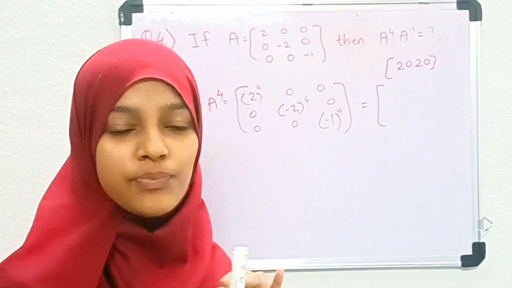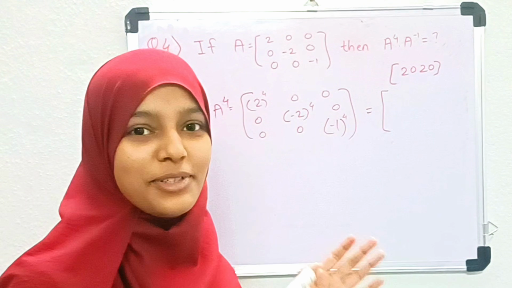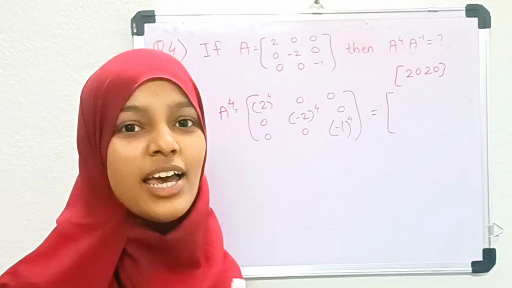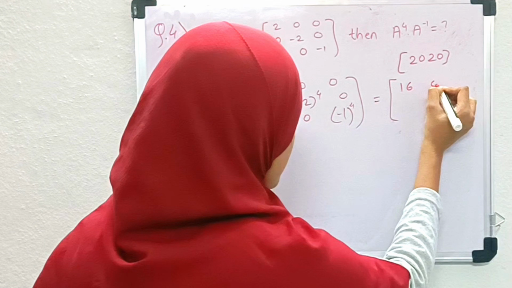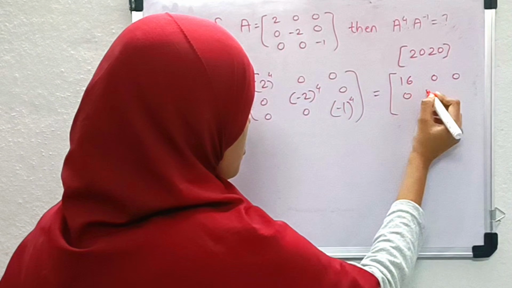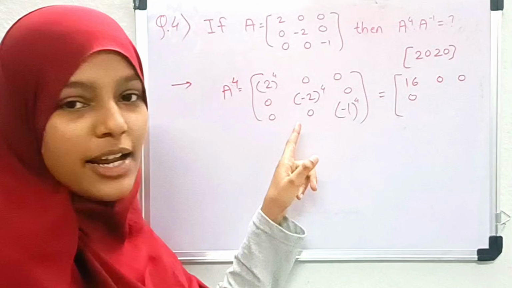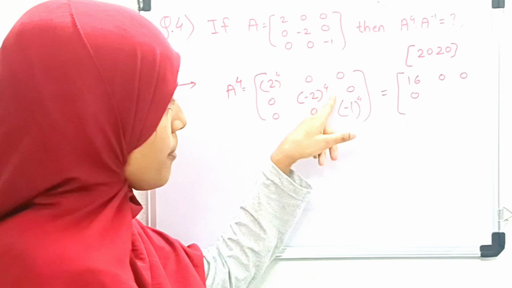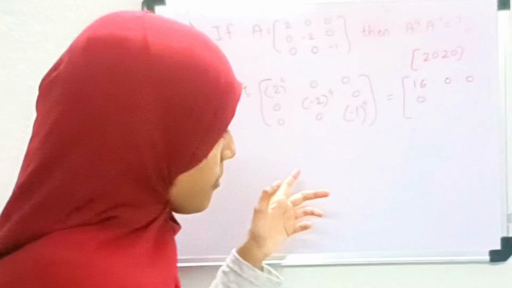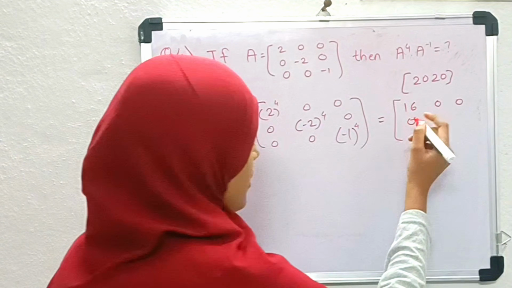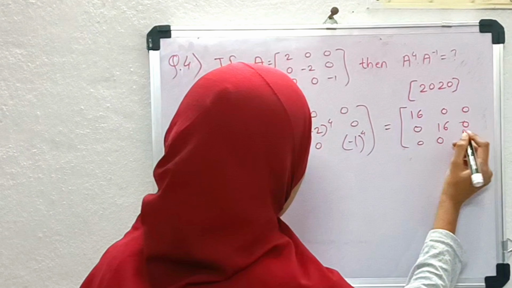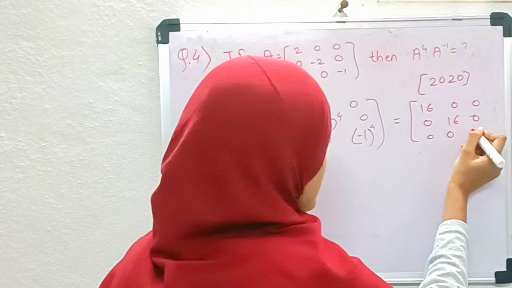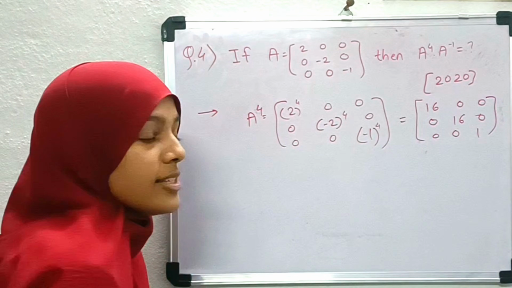We know 2 ones are 2, 2 2s are 4, 4 2s are 8 and 8 2s are 16. So it will be 16, then 0, 0, 0. Here even though there is a minus sign, the power is an even number, so that minus sign will not affect it. So it will be 16 only, 0, 0 and 1 to the power of anything is nothing but 1. So we got the answer of A to the power 4.